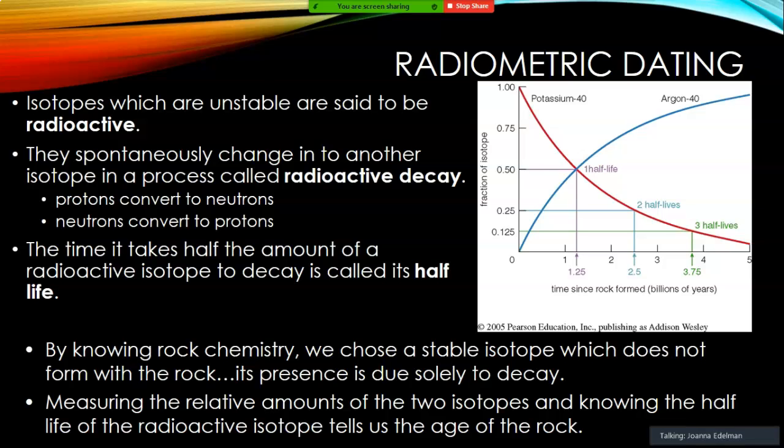So as potassium decays, the amount of potassium is decreasing because it is decaying into argon. Because potassium is decaying into argon, the volume of argon is going to be increasing over time.